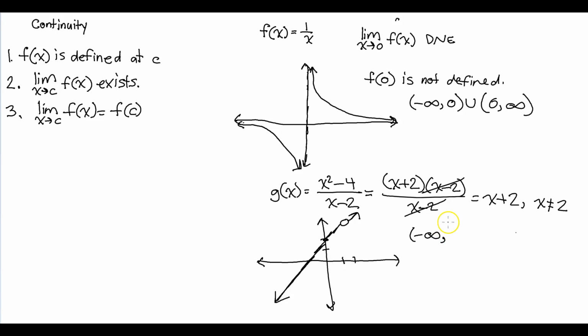So it's not continuous at 2, but it's continuous at every place other than 2. So you might be wondering, how can we do this without a graph?